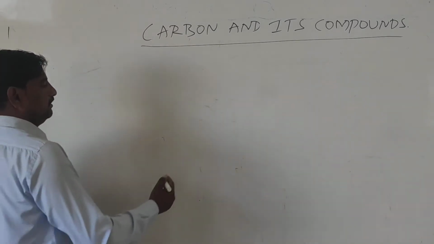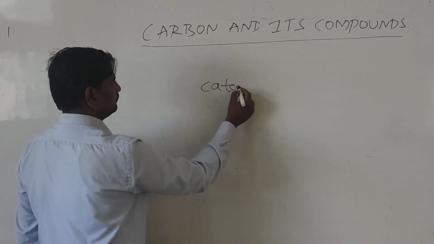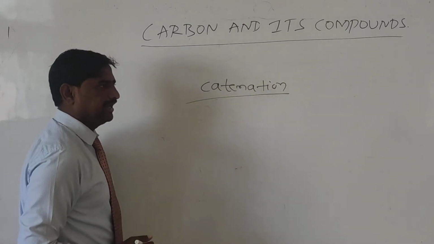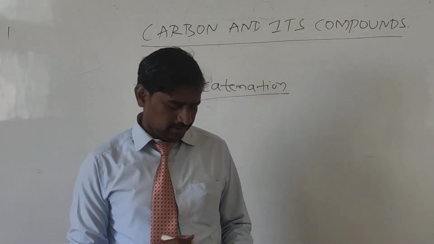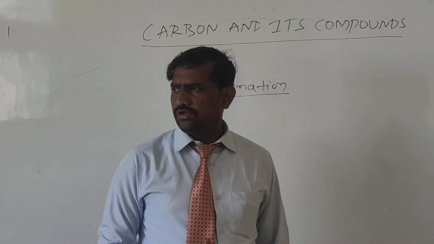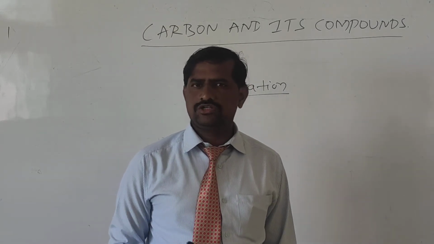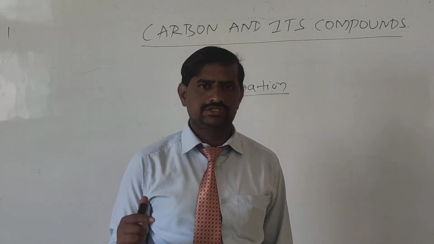So here, the versatile nature of carbon is carbon catenation. What do you mean by catenation here? Carbon has a special property of combining by the sharing of electrons to form long chains, branched chains or rings.